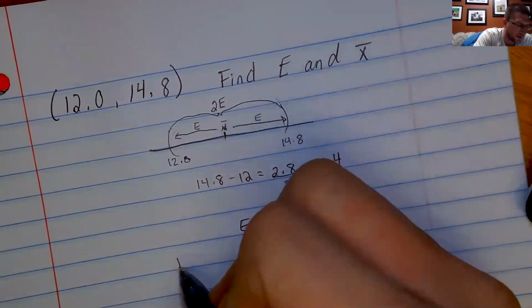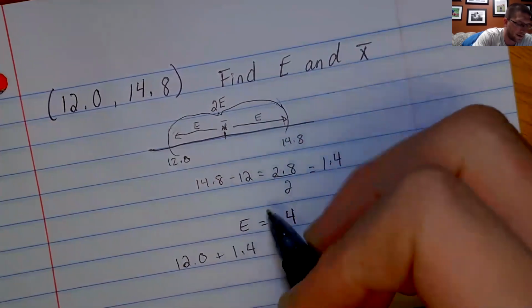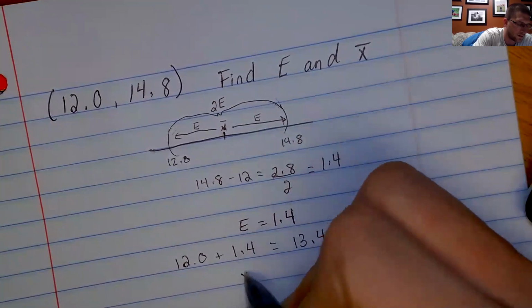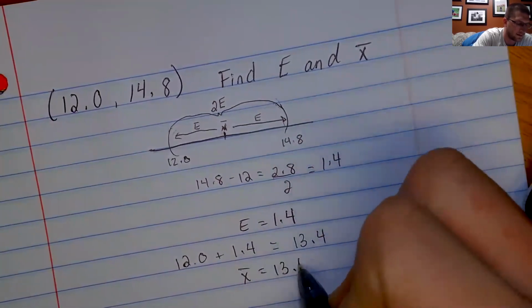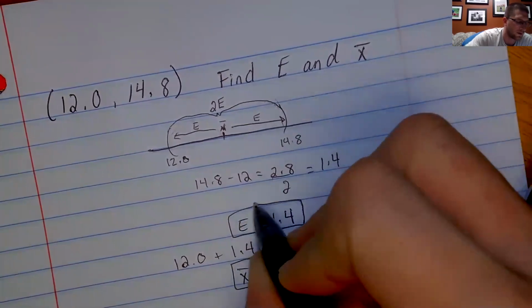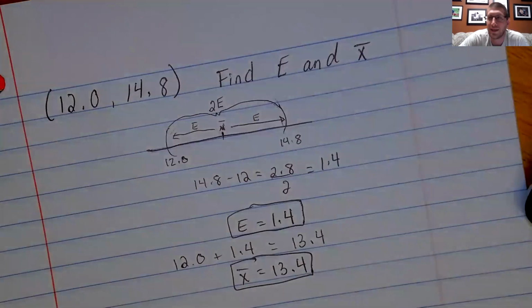I'm just going to take the 12 and add my margin of error to get 13.4, so that is my X bar. So two answers, margin of error 1.4, the X bar 13.4. Once you see that, I think that's going to be one of the easier problems, but it is a little bit tricky at first because you really have to think about what you're given and what you're trying to find. It's not as straightforward as some of the other problems.